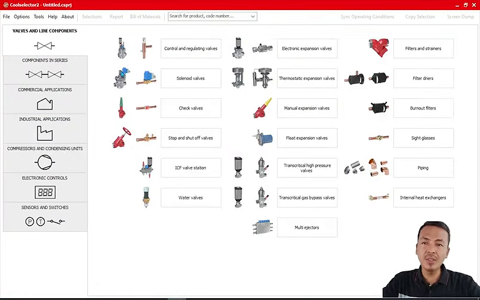I have installed the software on my laptop. This is the home screen of the software, CoolSelector 2. You can see here many components in the refrigeration that are produced by Danfoss.